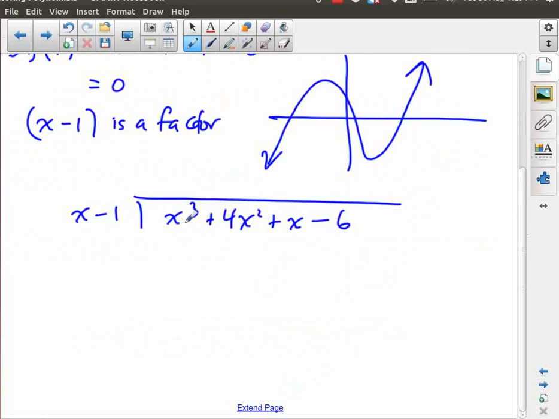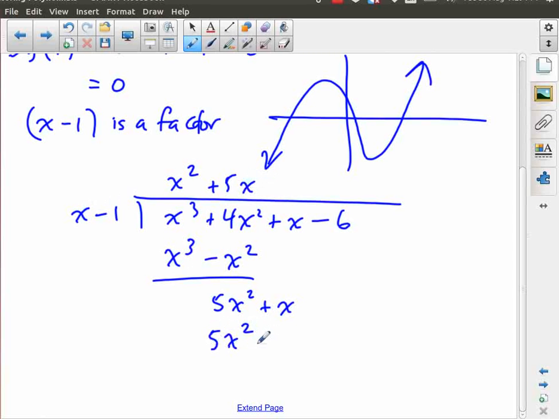My first term is going to be x squared, times x, so that gives me an x cubed minus x squared. Remember, when you do long division, you subtract, so I end up with 5x squared plus x. And now I'm going to get plus 5x. 5x times x is 5x squared. And 5x times negative 1 is minus 5x.